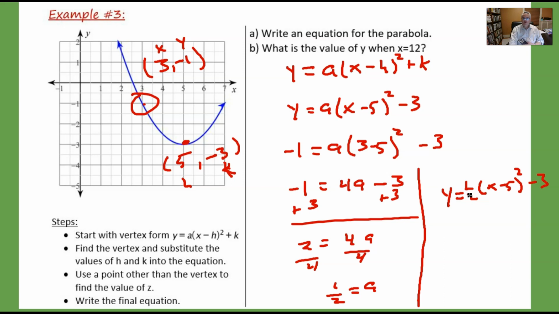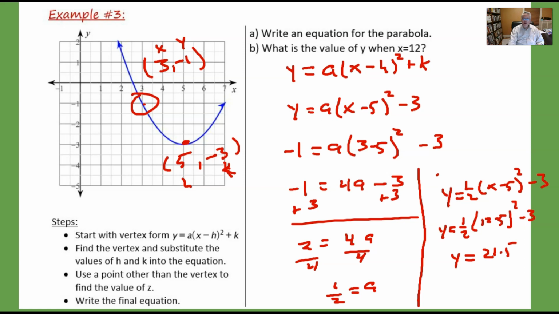So when we put in 12, we get y equals 1/2 times 12 minus 5 squared minus 3. I'm going to do that quickly in my calculator: 0.5 times the quantity in parentheses, and then minus 3. I get 21.5.